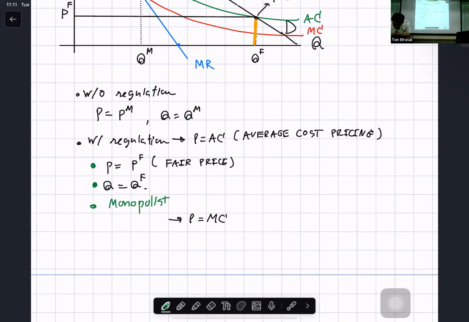Monopolists obtain zero economic profits, generate enough revenue to cover all total costs. Zero economic profit can still produce.